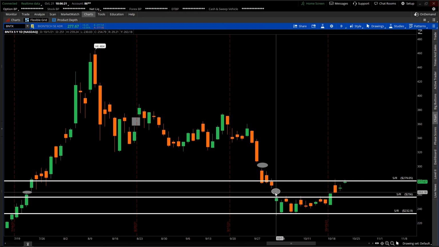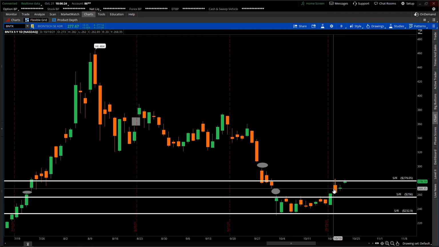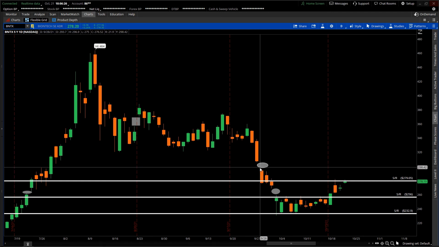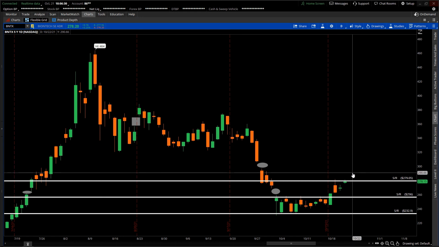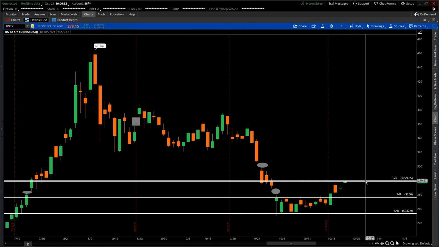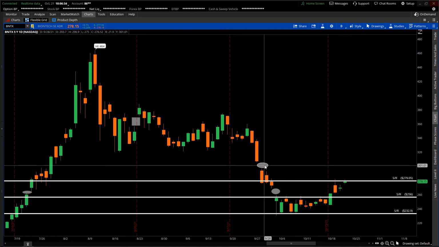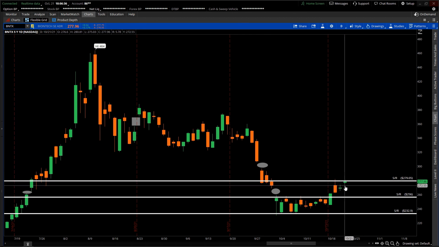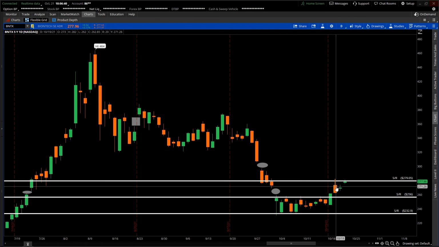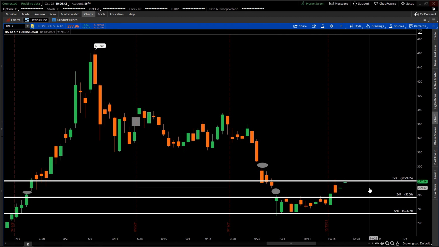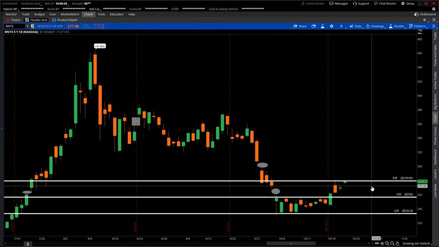So this gap has been filled by this candlestick. So it's now a matter of filling this gap. If price does get up here prior to October 29th, then the 2 contracts that I picked up should be as profitable as well. So it was a good trade. It was a good assessment on my part.